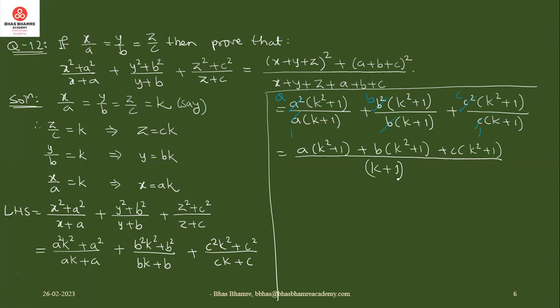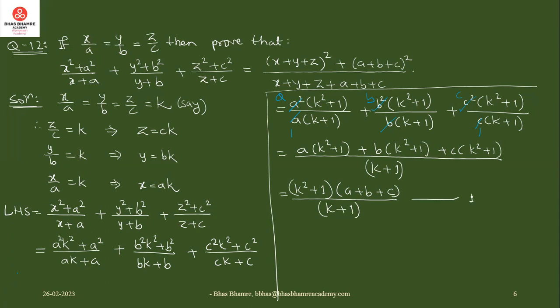So we get like this. Now from numerator, I can take k square plus 1 common, so that in bracket we get a plus b plus c, upon k plus 1.